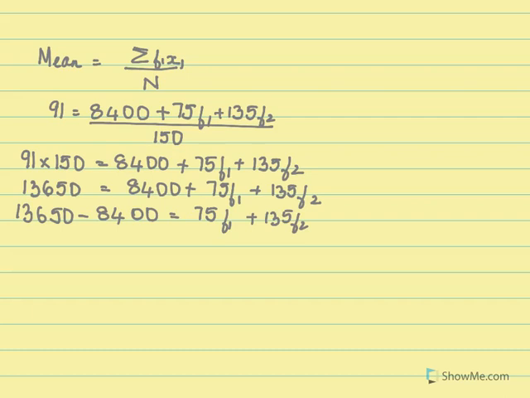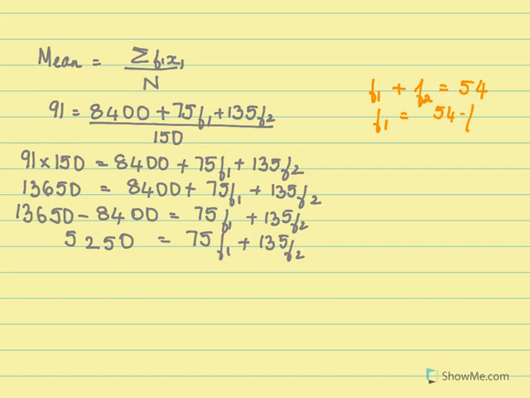On subtracting, here we get 5250 equal to 75 F1 plus 135 F2. But earlier we already found out that F1 plus F2 is 54. Therefore, our F1 will be equal to 54 minus F2.